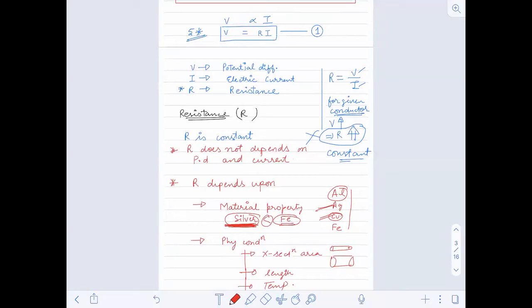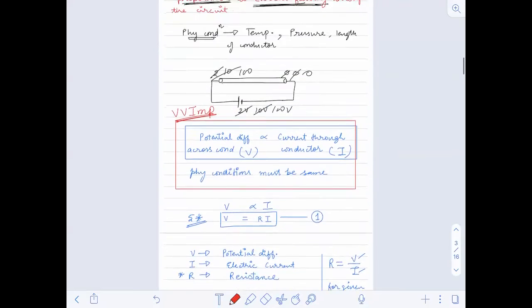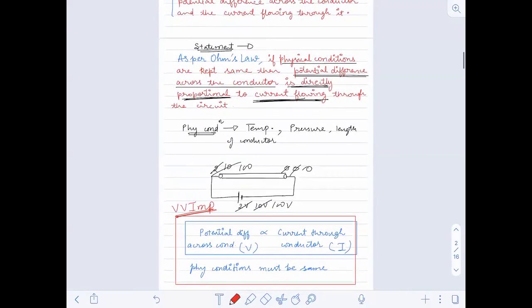Anybody having doubt in this? All those who are not taking the screenshot of the previous page, take this. Done? Okay.